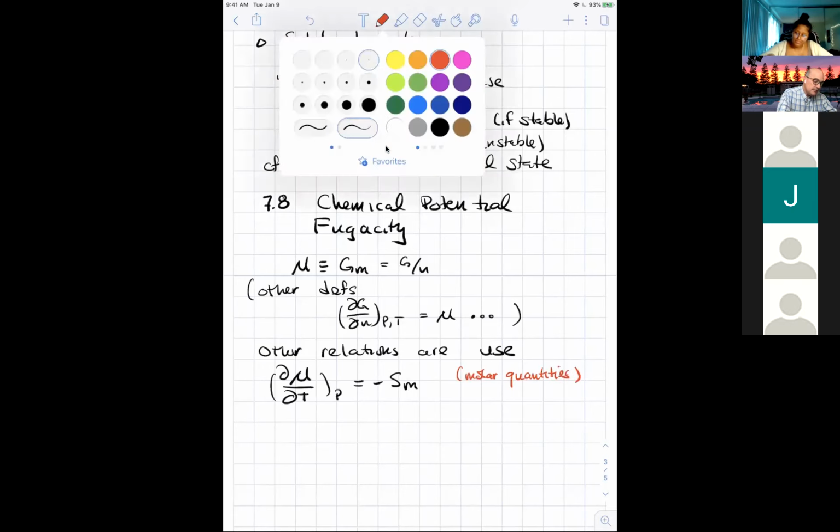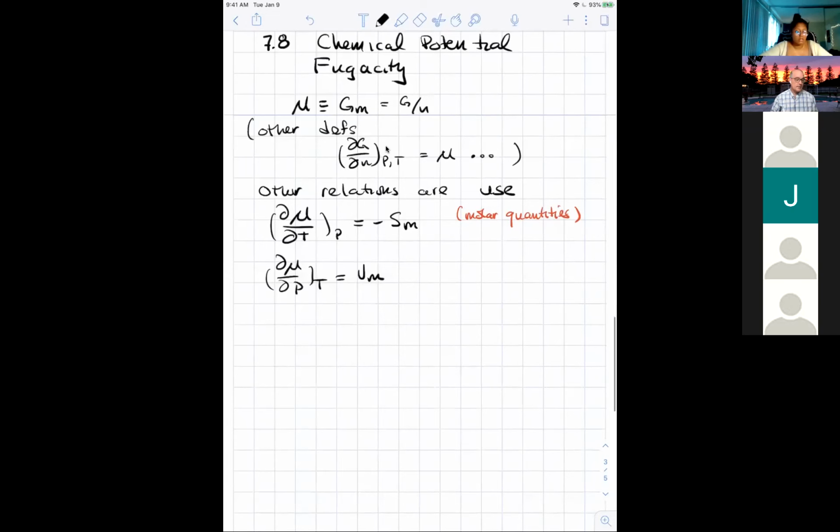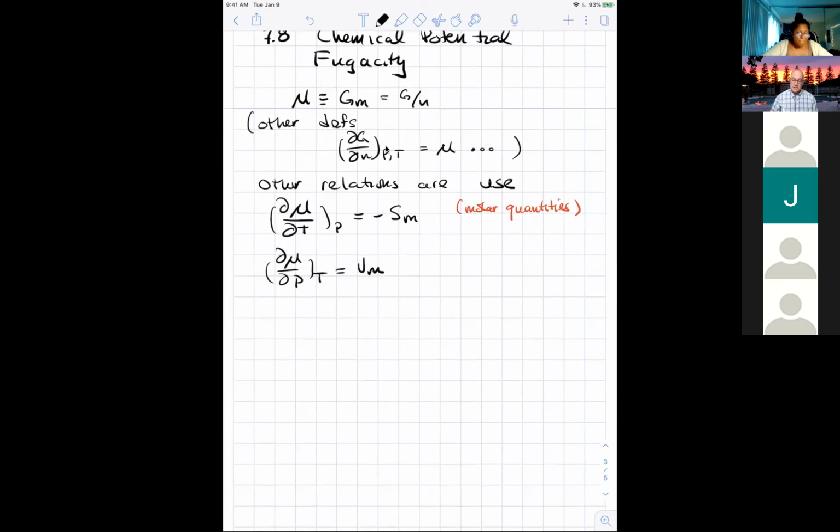So it really doesn't matter if our system is open or not, because the quantities are defined per mole. Okay, another one is d mu by dP at T. This is the molar volume. So these chemical potential derivatives are very useful because they give us some state functions, right?